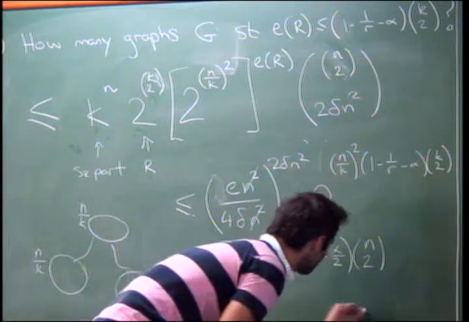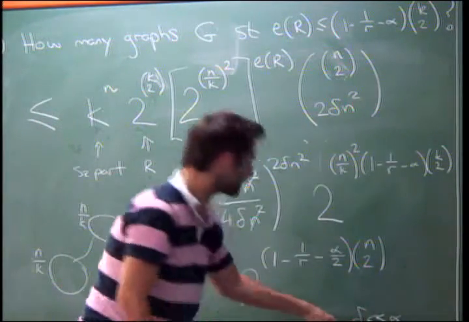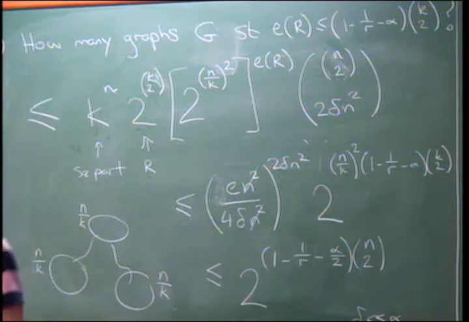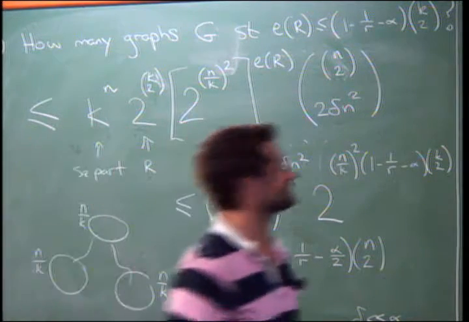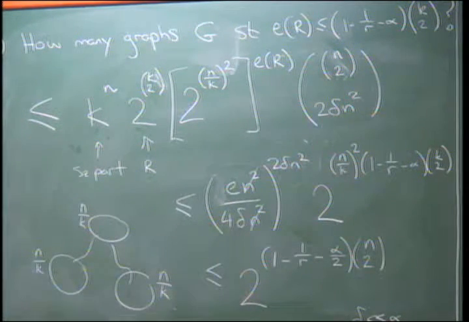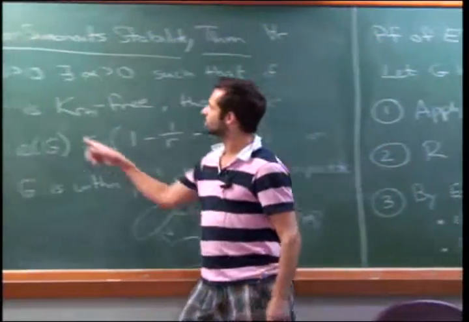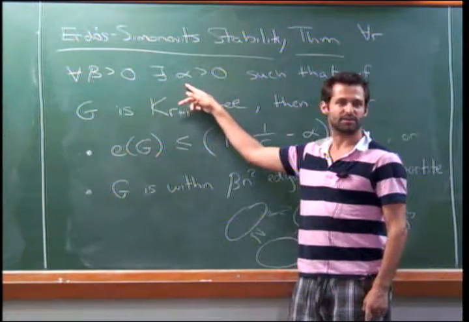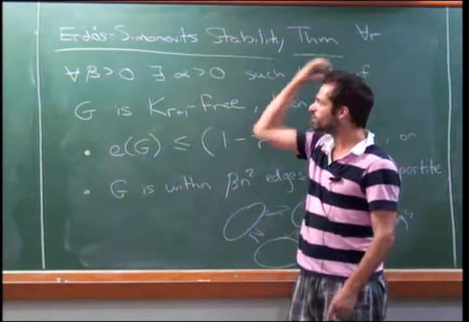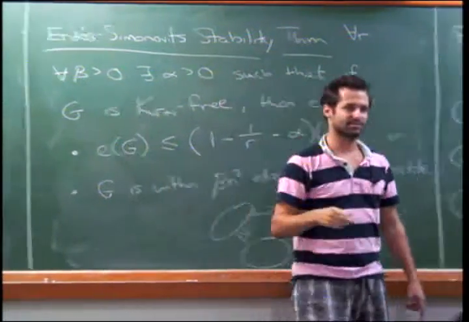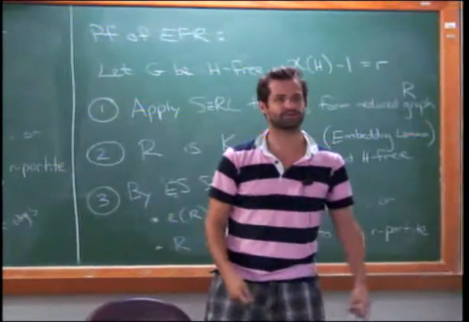Because delta, we can choose delta as small as we like. Right? So remember, in the stability theorem, we said for all beta there exists an alpha. So what do we do? We pick beta, really, really, really small.